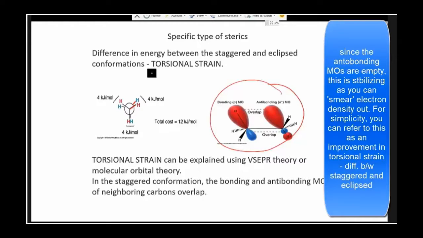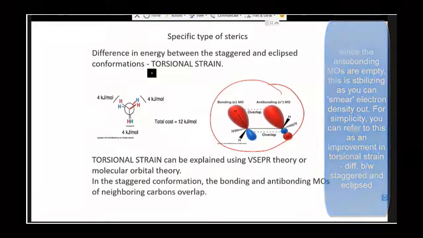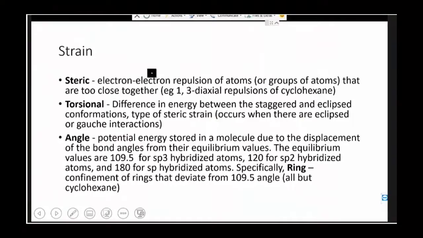So torsional strain happens as a consequence of rotating. So when I go from something that's stable to something that's not stable, there's an energy associated with that. It costs me energy to rotate to the eclipse form from the staggered form. So, like I said, there are different kinds of strain. Steric strain is just a generic word for when you have electrons repelling each other, when they're too close to each other.